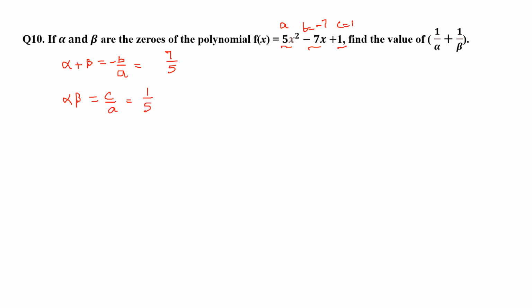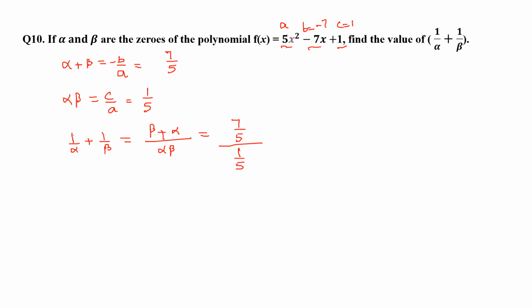And what you have to find? You have to find the value of 1 by alpha plus 1 by beta. Let's take the LCM. Alpha beta is the LCM, then it will be beta plus alpha. And beta plus alpha is given as 7 by 5, whole divided by 1 by 5.